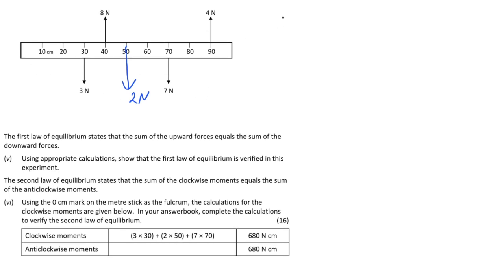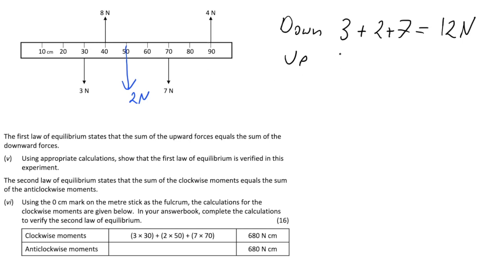Downward forces, let's look at them first. We have 3 newtons at 30 centimeters, 2 newtons at 50, and 7 newtons at 70. So we have 3 plus 2 plus 7 equals 12 newtons. Upwards, we have 8 newtons at 40 centimeters and 4 newtons at 90 centimeters.